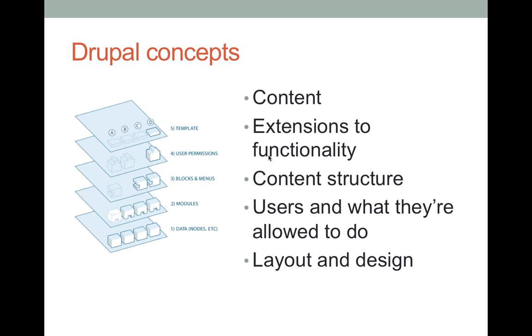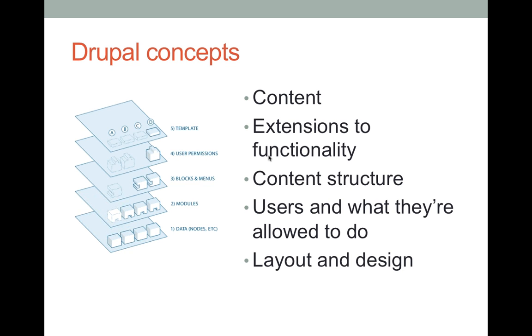Basically, items of content, be they blog posts, articles, stories, about us pages, store products, etc. They're all nodes. Then we have modules, which, as I've already mentioned, are extensions to Drupal functionality.